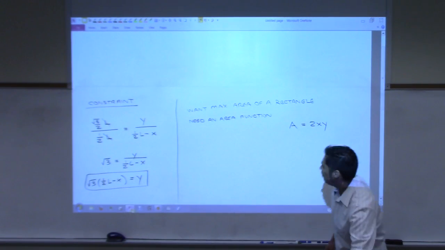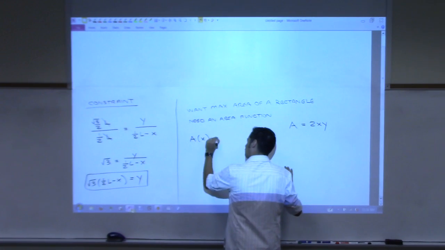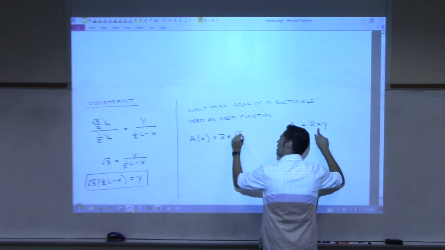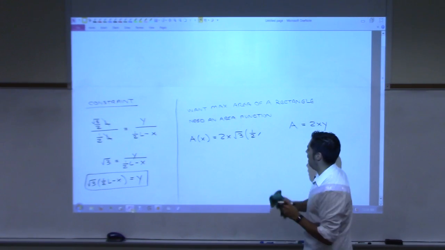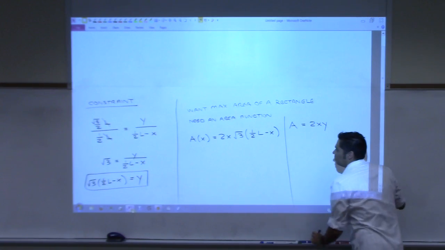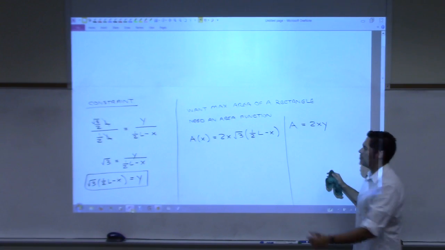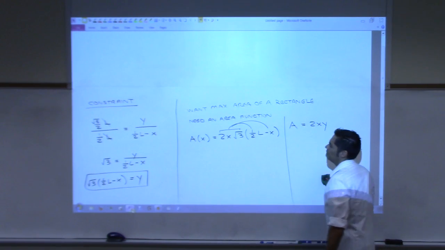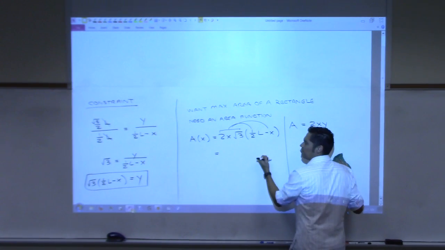All right, so now at this point, I'm going to rewrite my area. It should now be a function of x. It's going to be 2x times all of that, root 3 times 1/2 L minus x. Y'all agree with that? Let's go a little bit further. Let's distribute this through. So if I multiply this and distribute that here and here, what do we get here? First one, the 2's cancel, don't they?